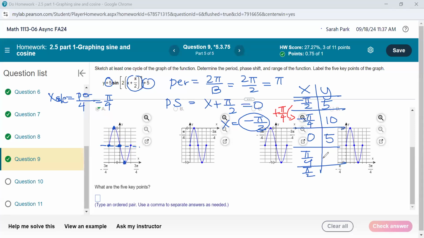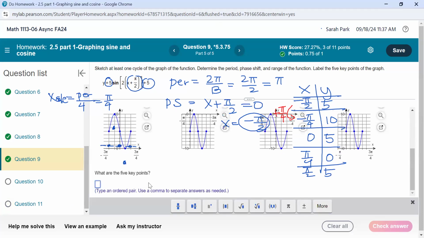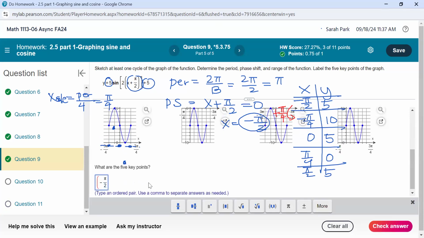Pi over 4, it's at 0. And at pi over 2, it's at 5. Okay, so we have our 5 key points. Let's just type it in. This is where we hope we didn't make any calculation errors. Negative pi over 2, 5. Negative pi over 4, 10.